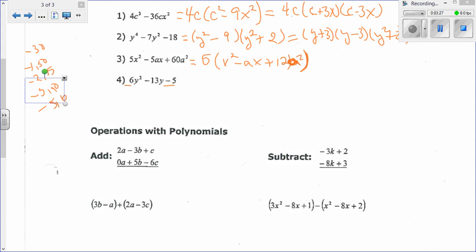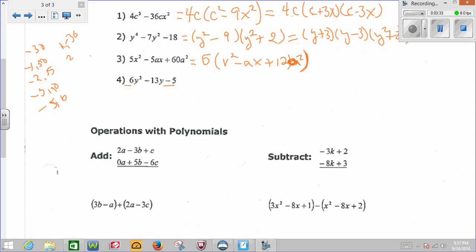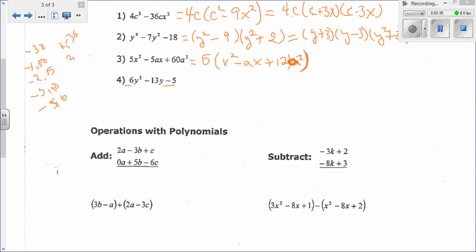And then I would have 1 and negative 30, 2 and negative 15, 3 and negative 10, and 5 and negative 6. So which pair, when I add them up, do I get negative 13? Well, that would be negative 2 and 15.